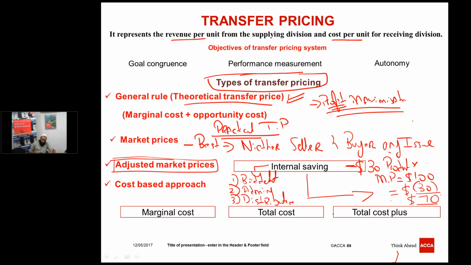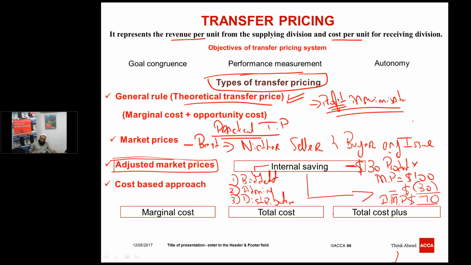So this price is known as adjusted market price. Market price is one that acts as a fair price, but when there are internal savings, it's better to go for adjusted market price, because the internal saving benefit, of course, should be given to the internal division.